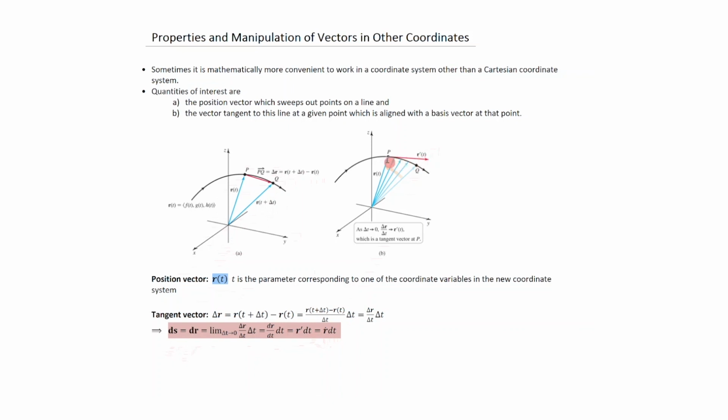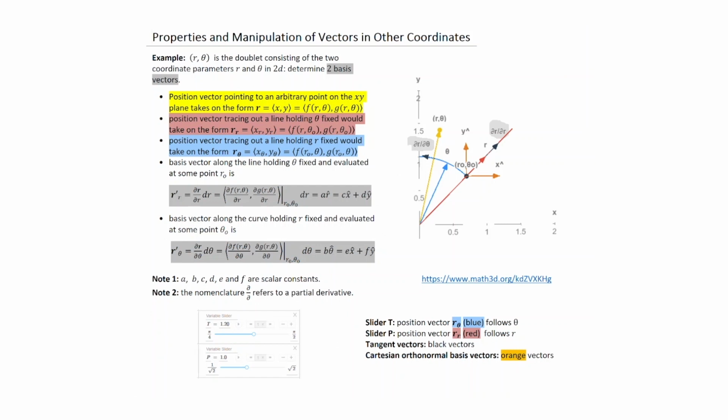In this case, it would be the tangent at point P. So this is what we're going to be using quite often. Any given line will have a tangent vector, and the derivation of that tangent vector will follow along the lines of the expression that you see here. All right, so let's look here now at how we're going to go about working with vectors in other coordinate systems.